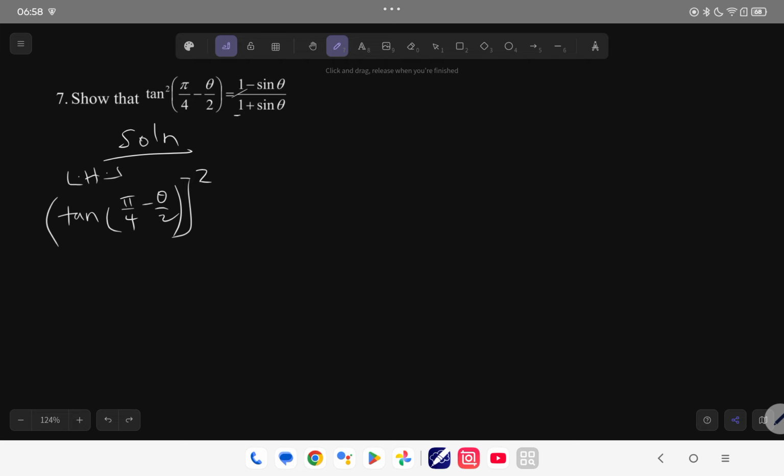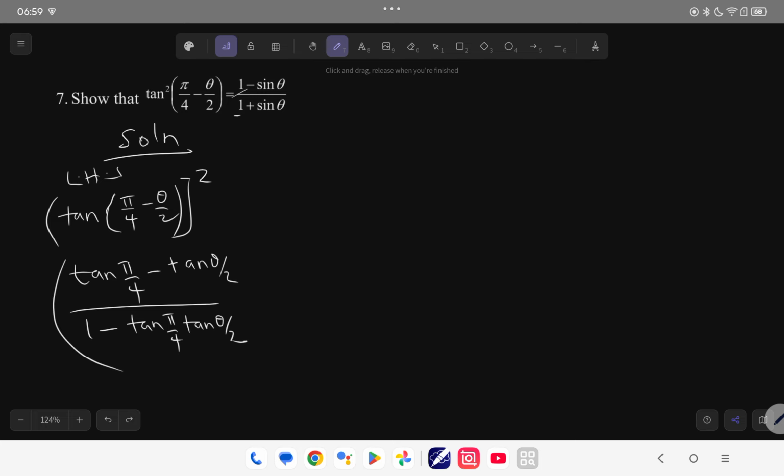Now inside here we can apply our addition formula, and this will give us tan pi over 4 minus tan theta over 2 out of 1 minus tan pi over 4 tan theta over 2, but the whole thing is squared.